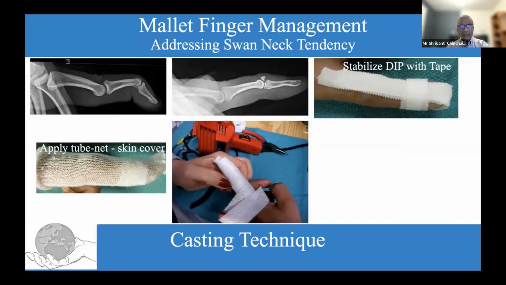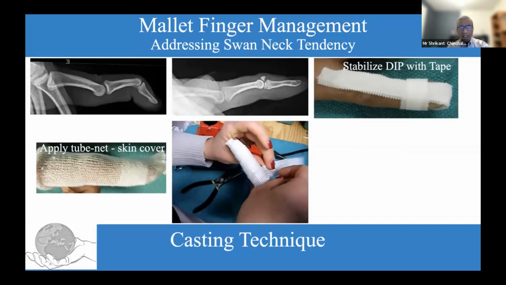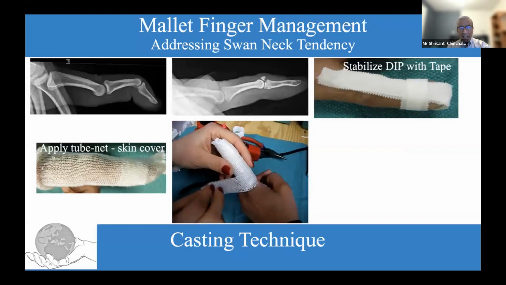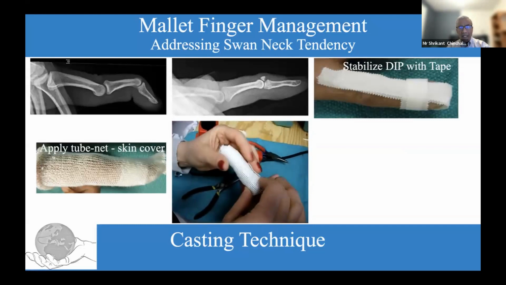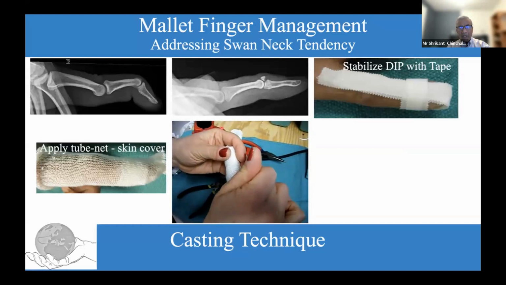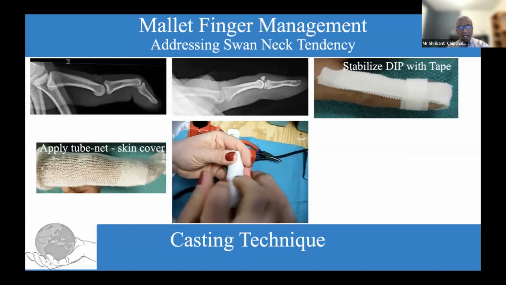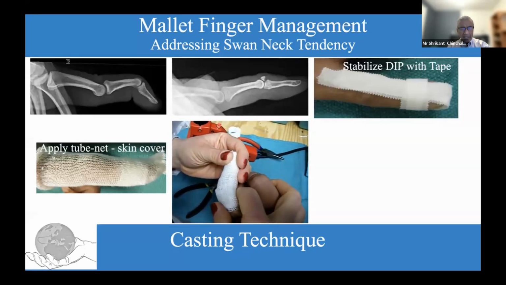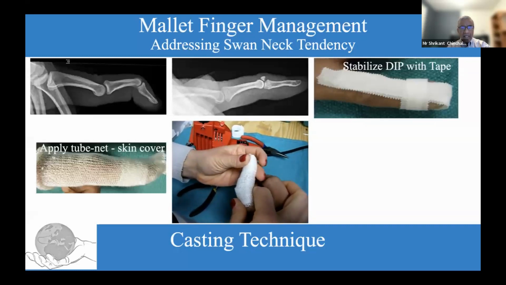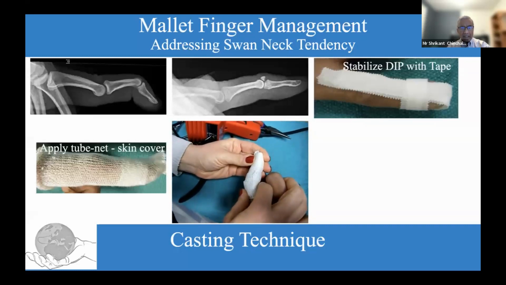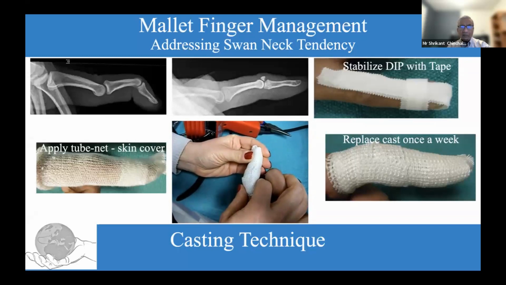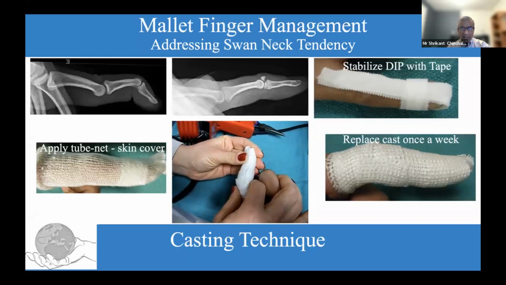Then we use Orfit cast or quick cast to fabricate a cast for the finger, maintaining the PIP joint in about 30 degrees of flexion and the DIP joint slightly hyperextended. The patient is given this cast, and the cast is replaced once a week. The reason for that is just to monitor the skin condition to ensure that there is no skin breakdown whatsoever.